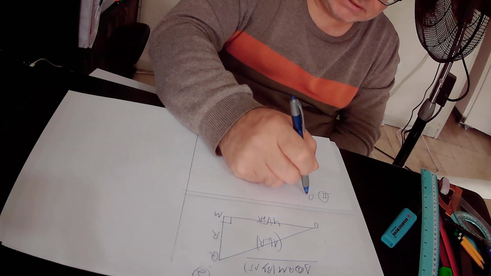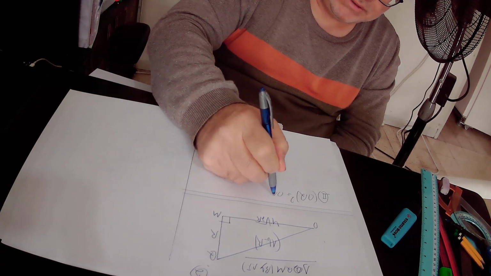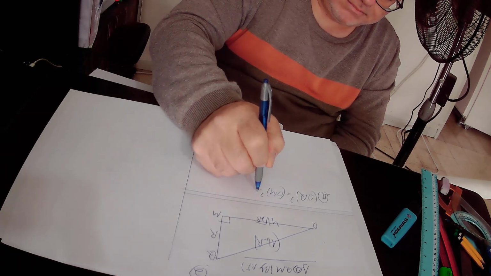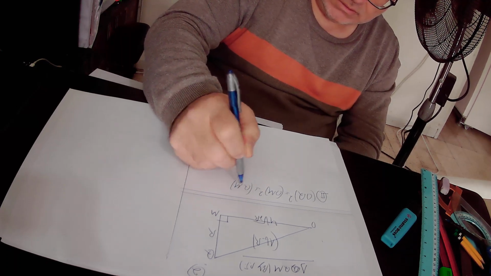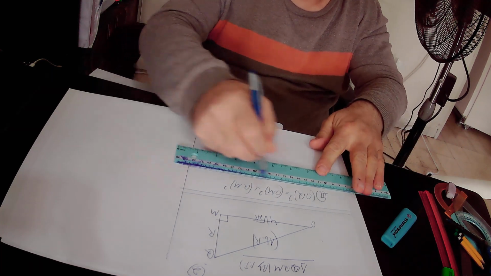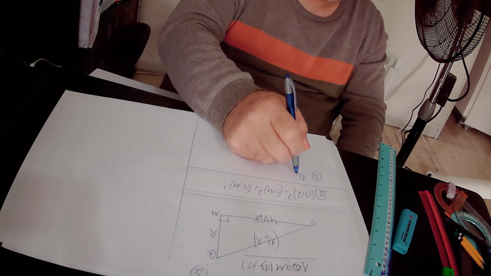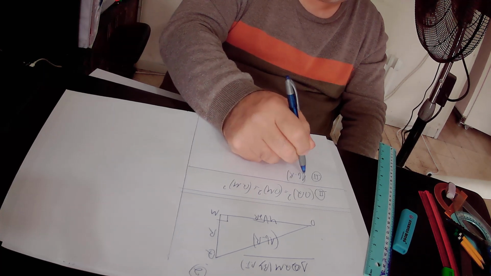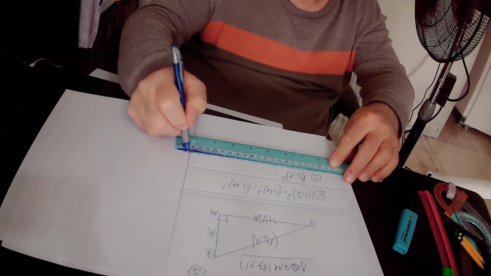OQ square, that is the square of the hypotenuse, equals OM square plus QM square. OQ is 16 minus r, therefore OQ square is (16 minus r) square, and it is equal to OM square.